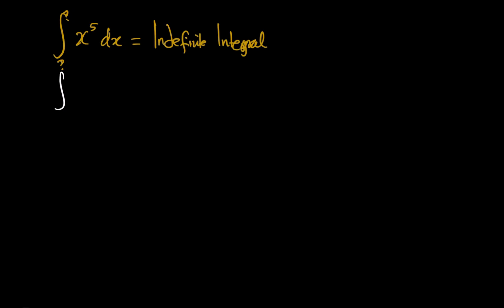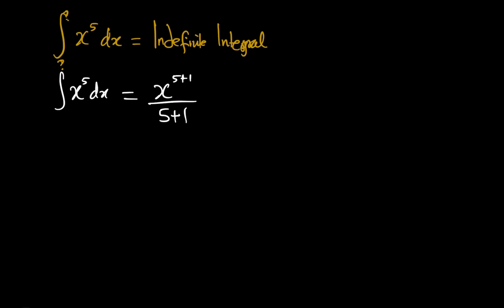Now, imagine we have this indefinite integral, which is x to the power of 5 dx. We said the first thing we're going to do is add 1 to the power, and then we divide by the result at the power. So the result at the exponent is 5 plus 1.